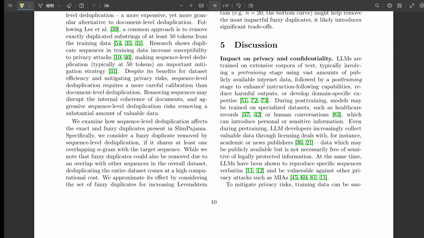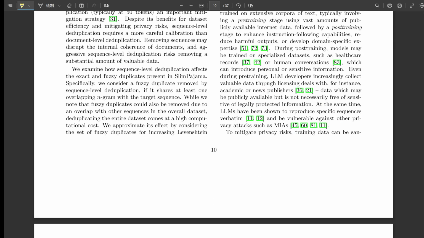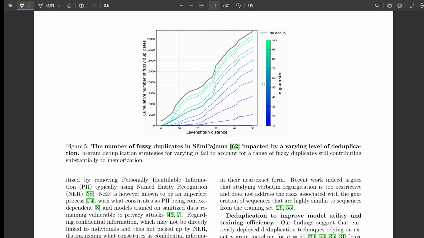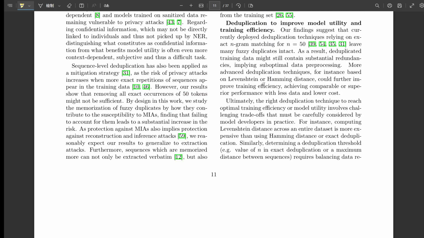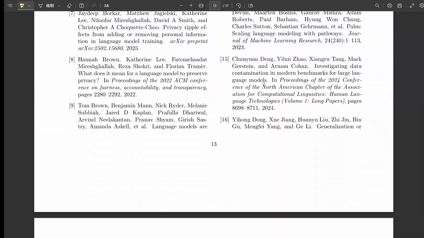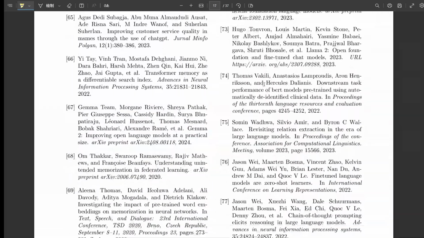One last area mentioned was copyright detection, using those canaries. Yeah, the canary idea for detecting copyright infringement is directly affected. If a model memorizes not just the exact canary sequence, but also fuzzy versions of it, it makes detection harder. It suggests we need, well, more robust canaries maybe, ones that are harder to break into fuzzy fragments, or better detection methods that can spot memorization even from these near duplicates.